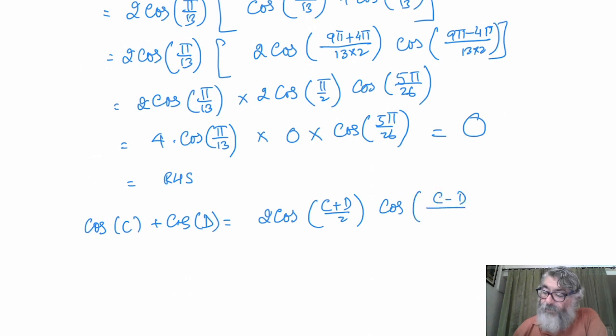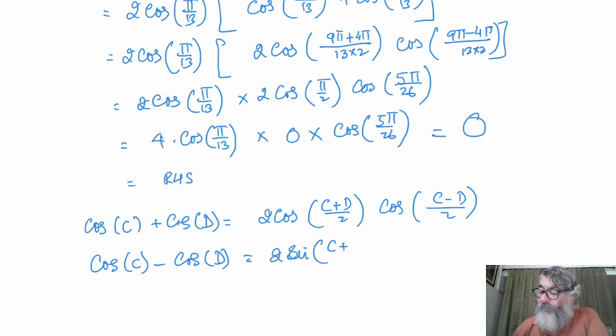But when it is cos C minus cos D, then you remember one thing, both terms will be sine: 2 sine C plus D upon 2, and this term will become sine D minus C. Instead of C minus D, it becomes D minus C upon 2. That is the only difference in the fourth formula.